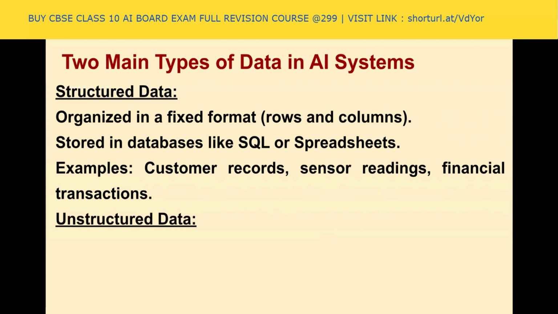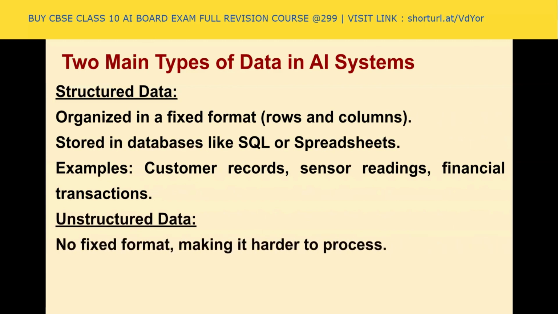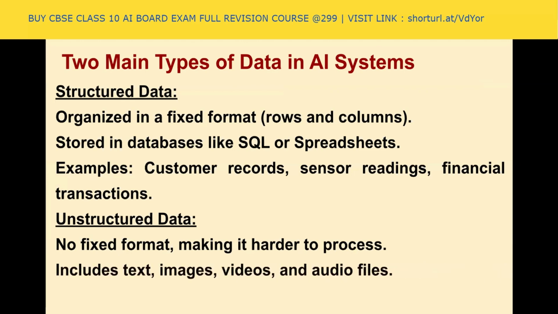Now there is another one, which is unstructured data. Unstructured data has no fixed format. For example, the data containing ratings and comments. Though the comments are very important, the information is not in a structured format. It has no fixed format, so obviously it is not very easy for a program to process. It includes text, images, videos and audio files.